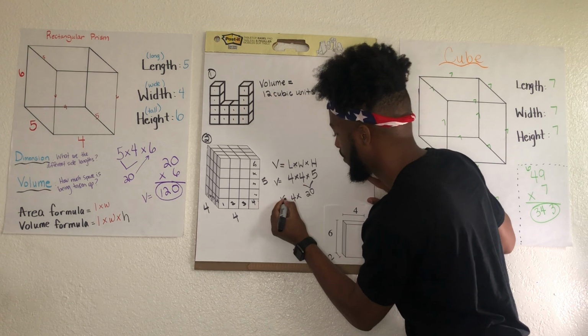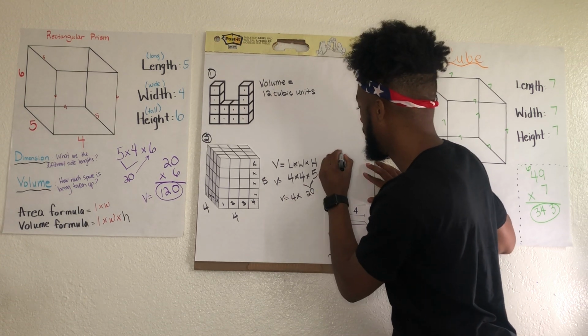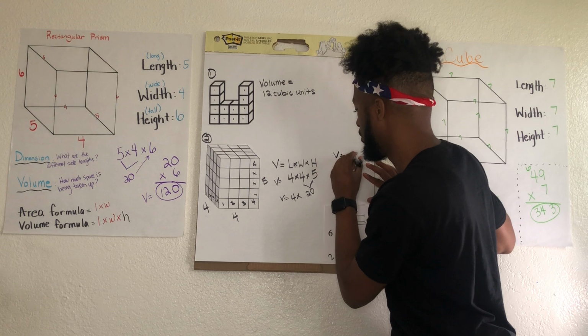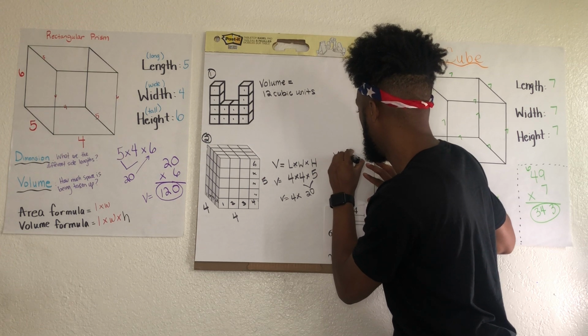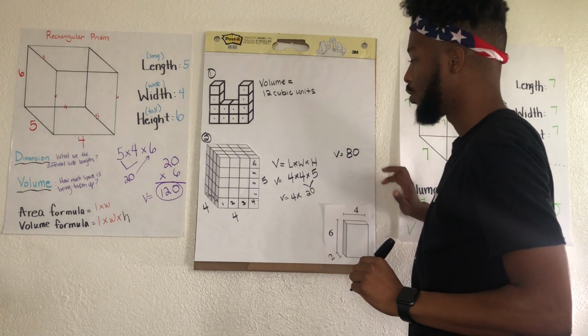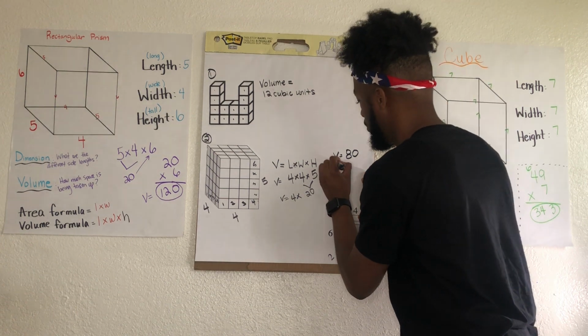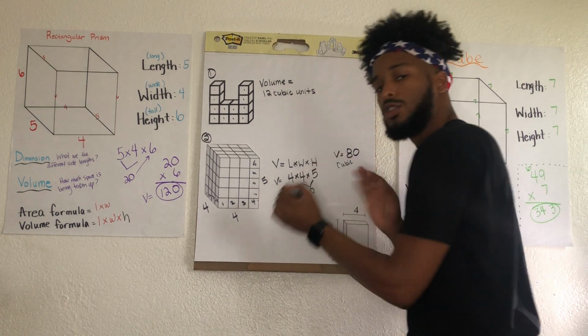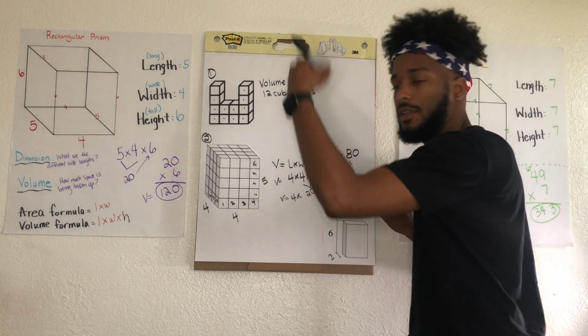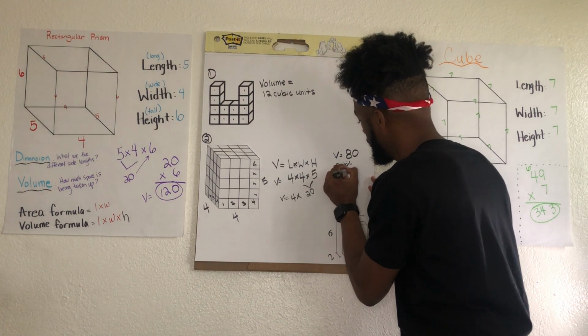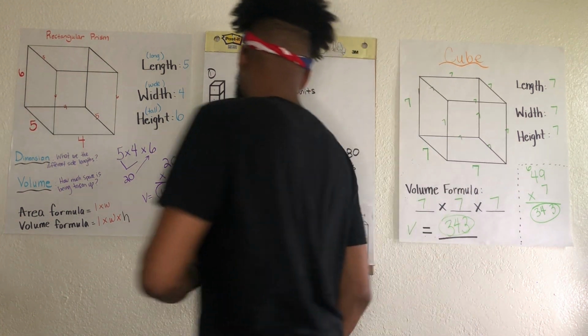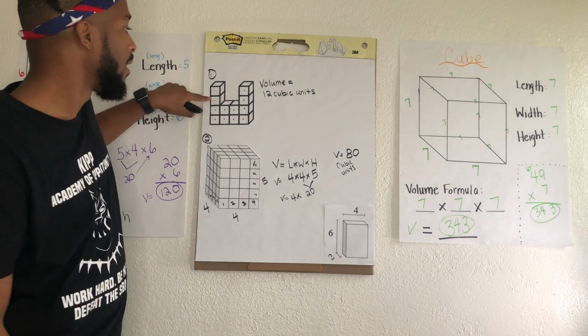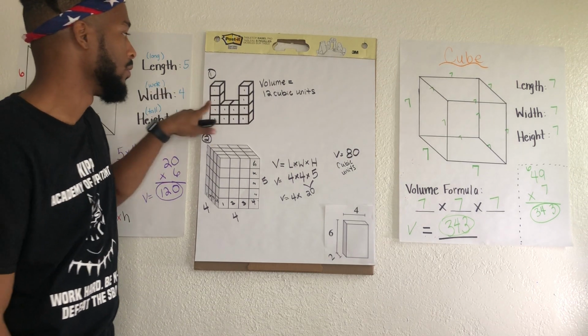So volume is equal to 80 cubic units. Excuse my back, guys. I'm a lefty. 80 cubic units. So we see in number 1, this was 12 cubic units, right?